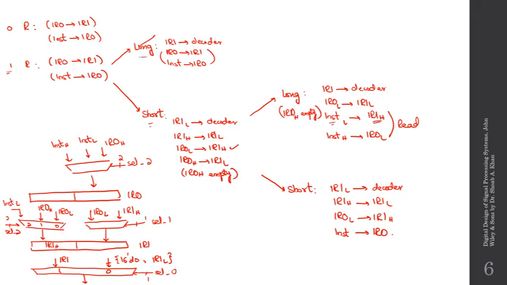And finally, for IR0 higher part, either we don't do anything or we save instruction's higher bits. This mux is not essential, and we can make use of an enable signal to manage this as well.